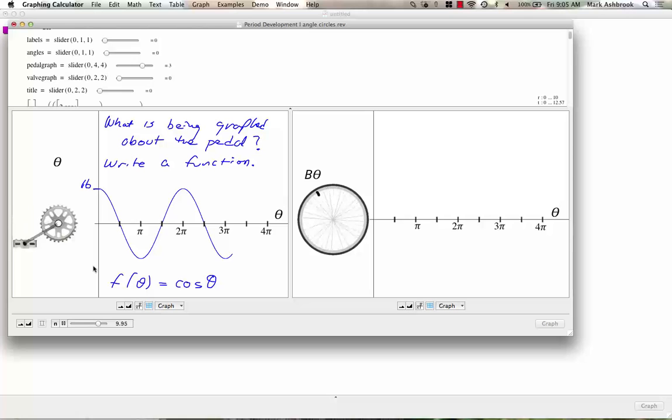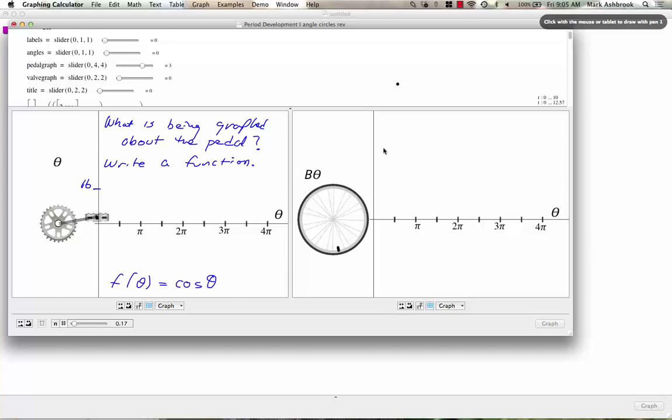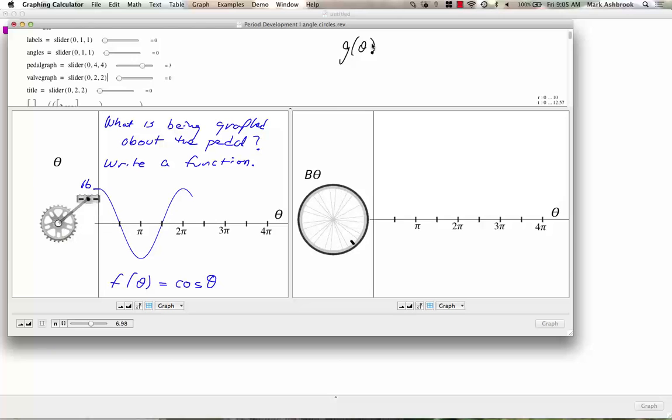Okay, so now I'm gonna write a new function up here. I'm gonna say it's g of theta equals, and let's do it the other way now. I want you to identify what everything is in this context.